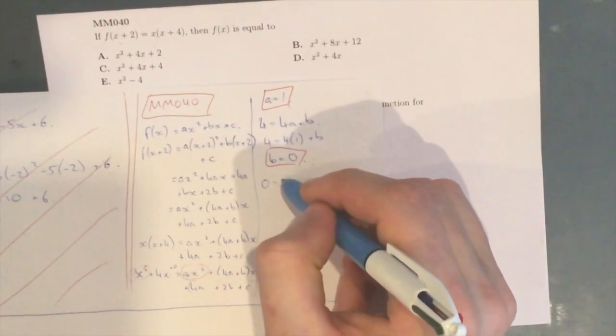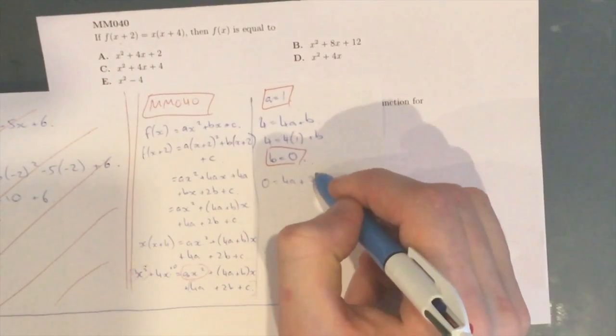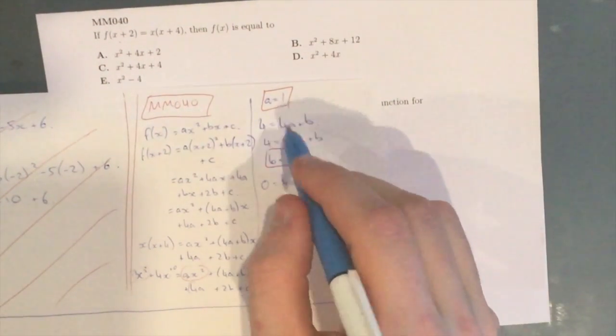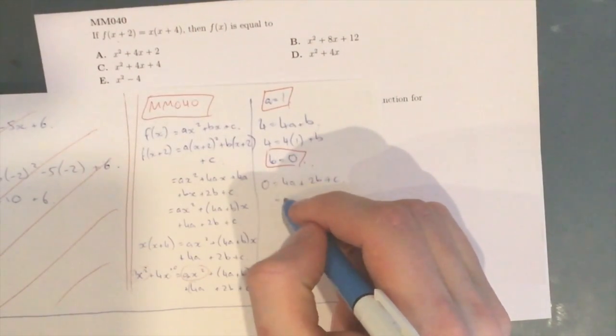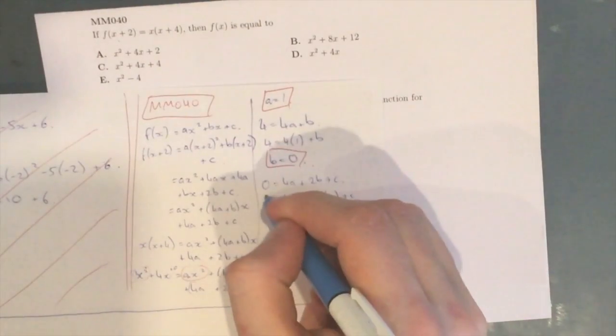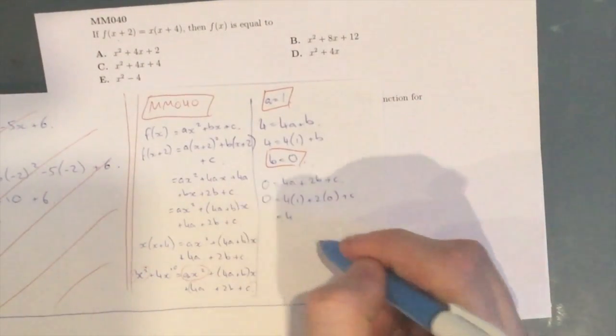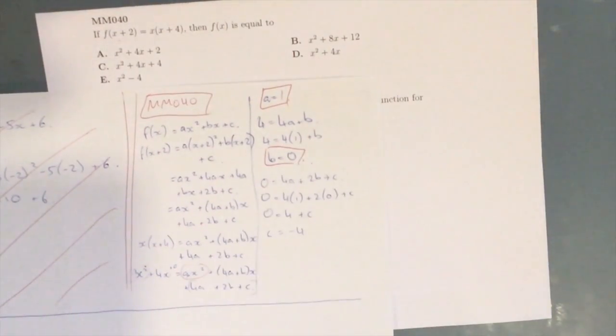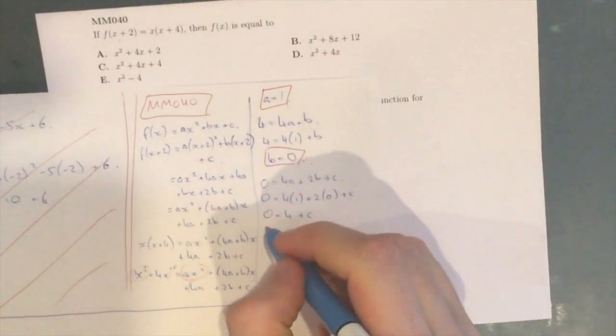So we know that 0 is equal to 4a plus 2b plus c. We also know that a is 1 and b is 0. So 0 equals 4 times 1 plus 2 times 0 plus c, which equals 4 plus c, which means that c is equal to negative 4.